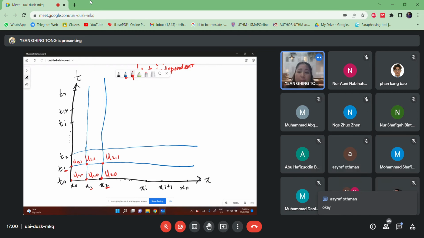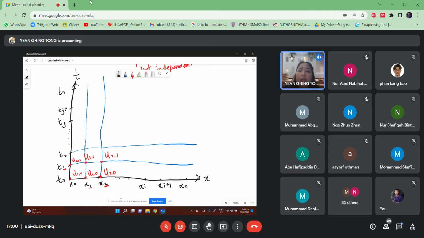So if let's say this one, and then continue until, so now I use I and I plus 1. Sorry, here I should use J. For the x-axis, I use I. For the y-axis, I use J. So here is xi plus 1.